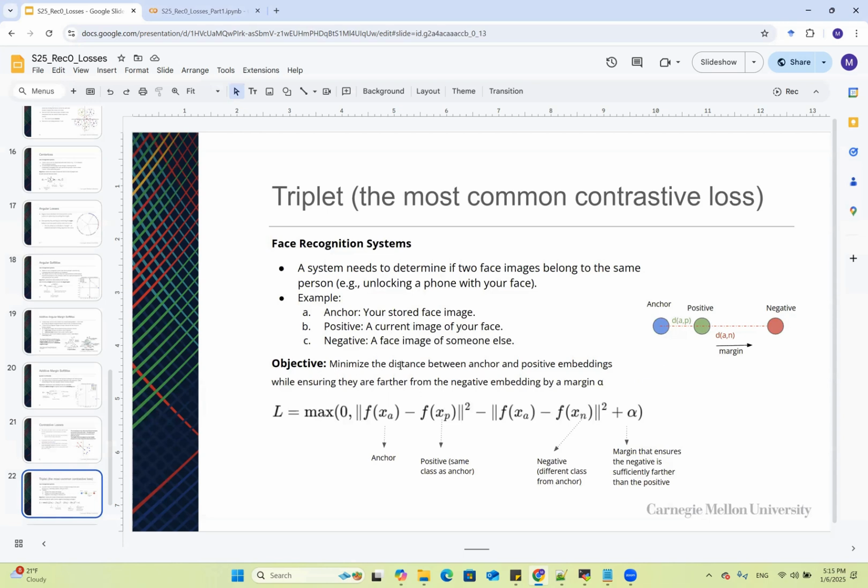The objective is to minimize the distance between anchor and positive embeddings while ensuring they are farther from the negative embedding by a margin alpha. Here f(xa) is the anchor, xp is the positive, xn is the negative sample, and alpha is the margin.